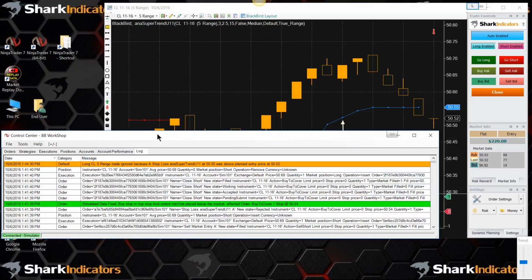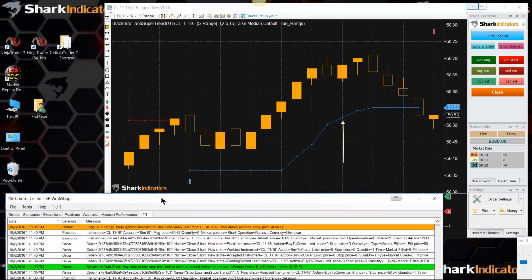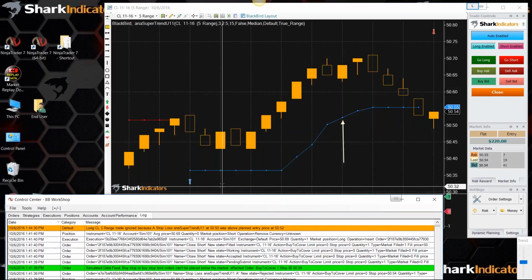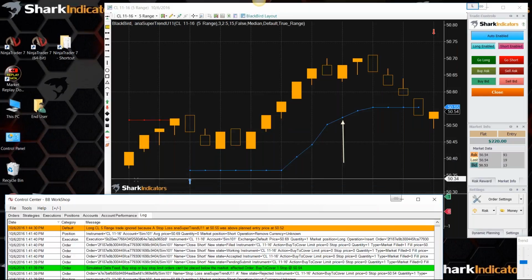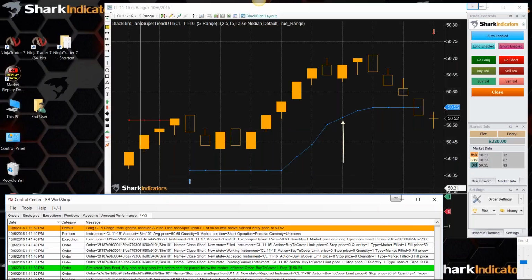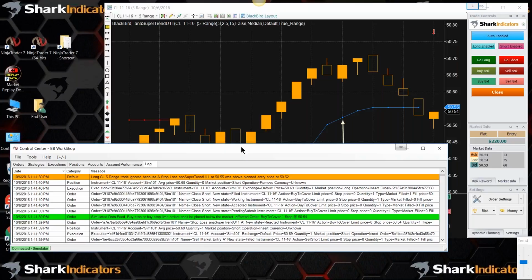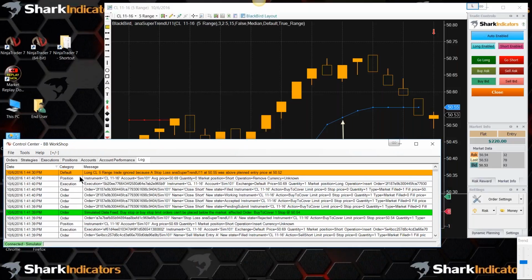If you look at your log tab, and I guess we missed it, but a little message would also have come up where it says shark indicators at the bottom left of your price panel. But we can see here that we got a message.